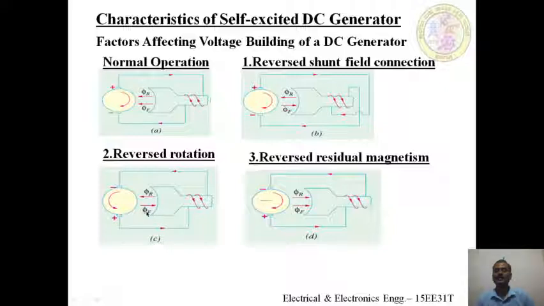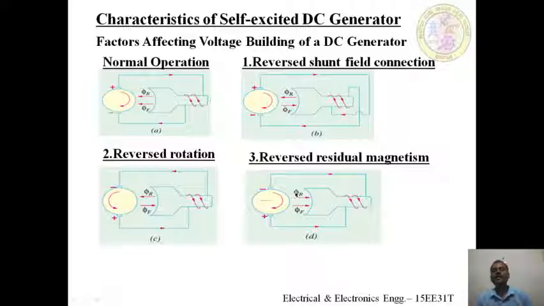Again, that will produce the reversed flux in the field winding. That is, in this case also, again, Phi F is opposite to the Phi R. Field flux opposes the residual flux, and again the generator builds down from its initial residual value.